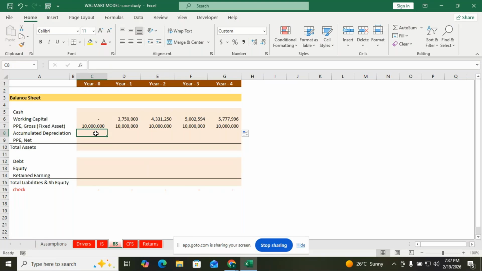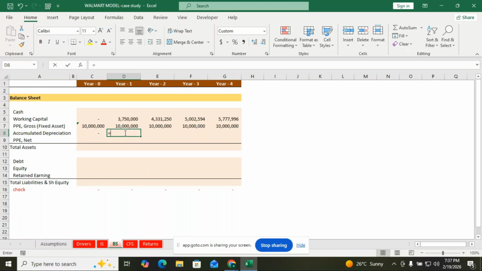So after entering the PP gross value, we put up the values for the depreciation. There's an accumulated depreciation. Please observe carefully and then work on that. For the initial year, it is 0. Followed by year 1, how do you put it up? Year 1 plus year 0. Remember, we had done this in the previous case.